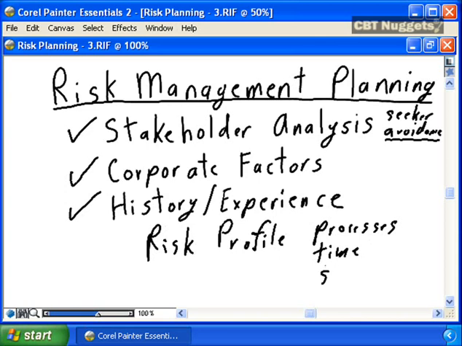You can build the appropriate financial allocations, the appropriate dollars into your overall project plan to ensure that you're treating risks consistent with how the project wishes risks to be treated. Risk seeking, deal with risks as they come up, or risk avoidance, ensuring that strategies are in place to mitigate and eliminate all risks before they're encountered in a project delivery situation.